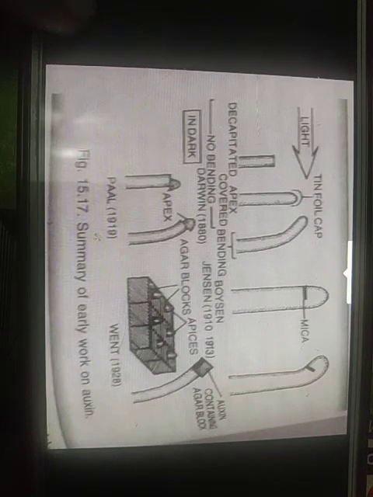Then Kögl and Haagen-Smit in 1931 isolated three chemicals from human urine. They were named auxin A, auxin B, and heteroauxin. Kögl in 1934 found that heteroauxin is the real plant auxin and is chemically indole 3 acetic acid, or IAA.